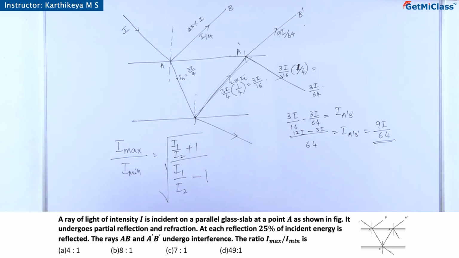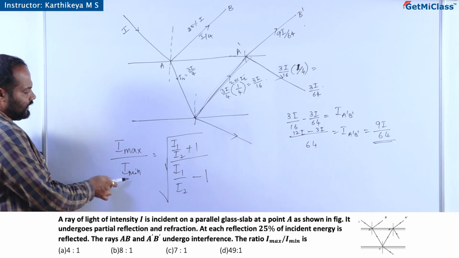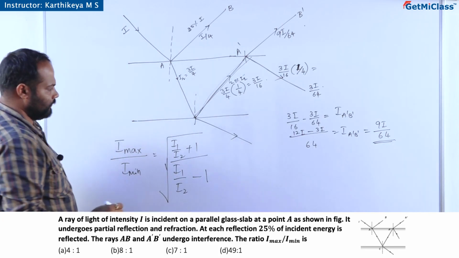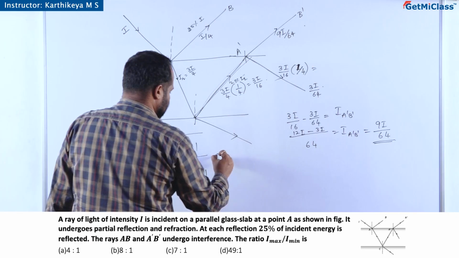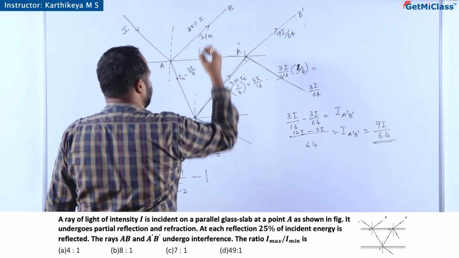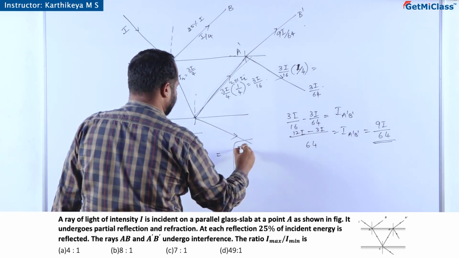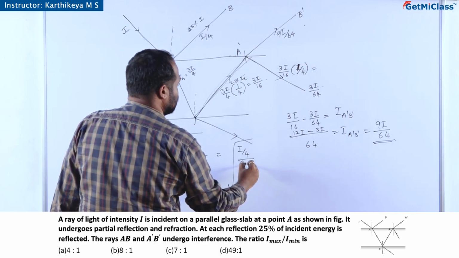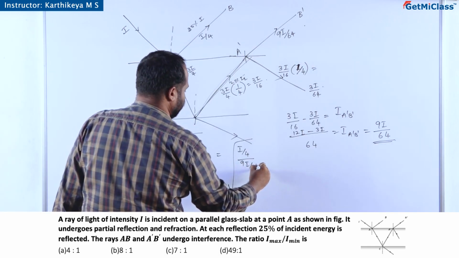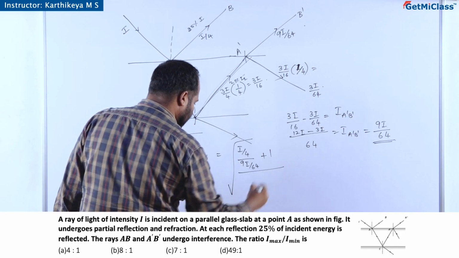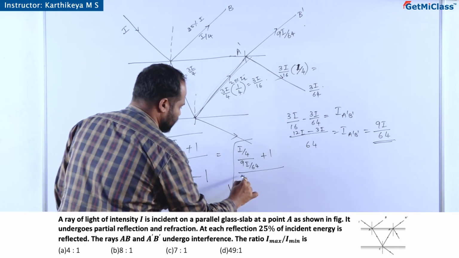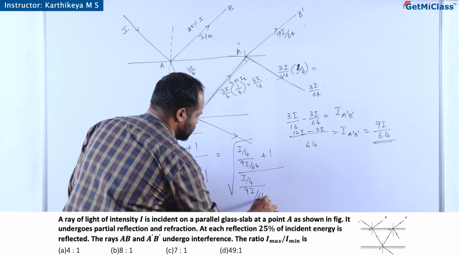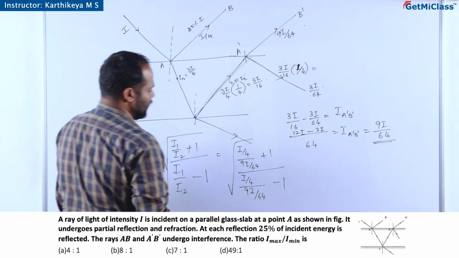This is the formula of maximum to minimum intensity for two waves which are interfering. So, I1 is I by 4 divided by I2 is 9I by 64, plus 1, divided by the same thing, I by 4 divided by 9I by 64, minus 1.